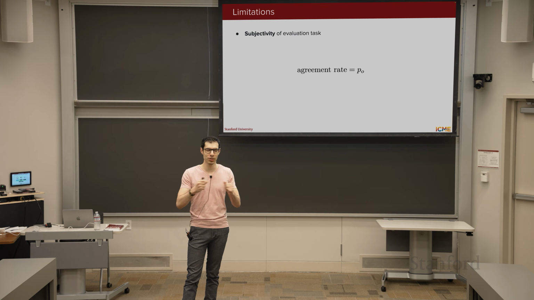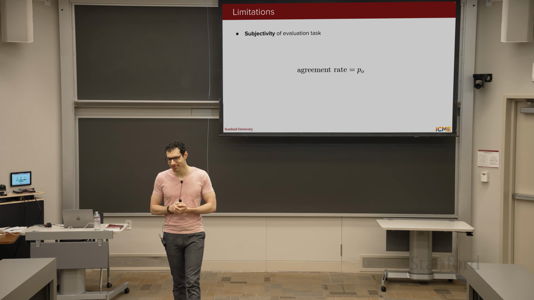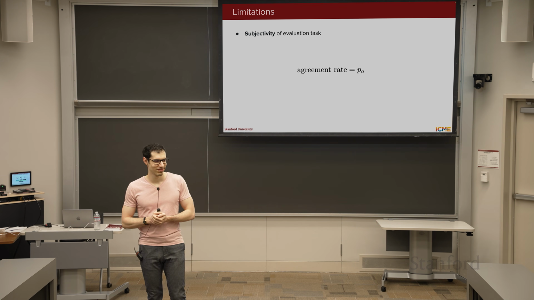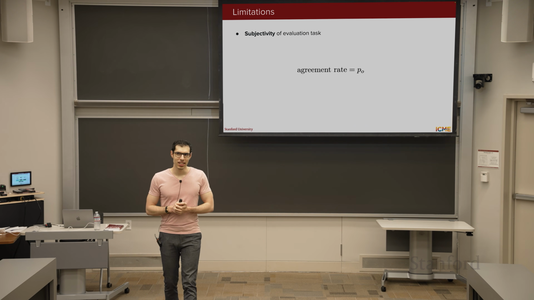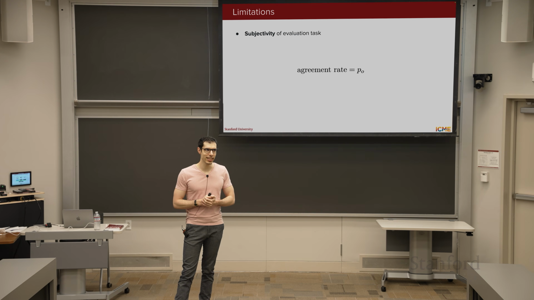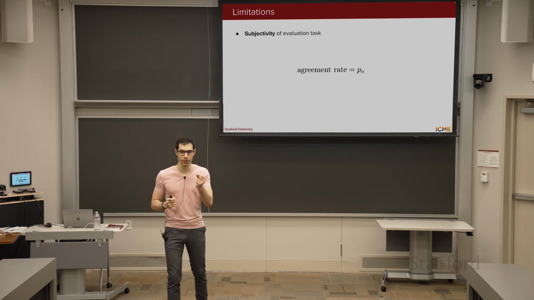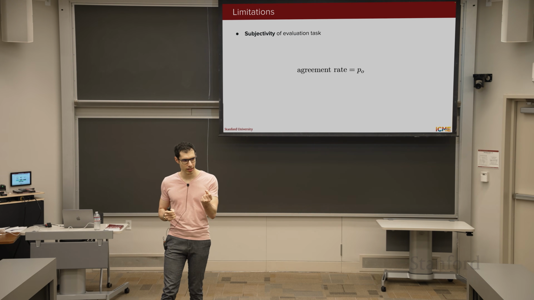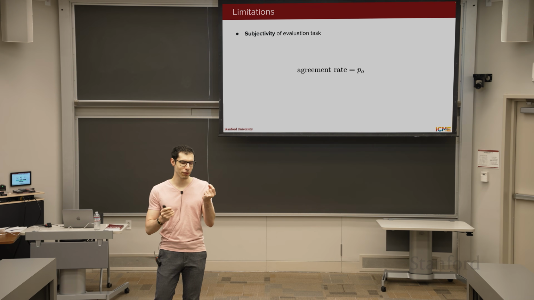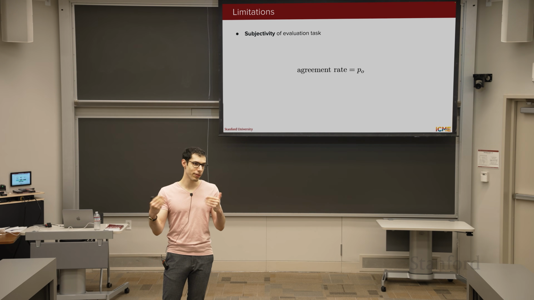Well, do you see a problem with such a metric? Is this a good metric? I guess another way to ask this question is, if I give you a given number of agreement rates, can you tell me if it's a good number or if it's a bad number?